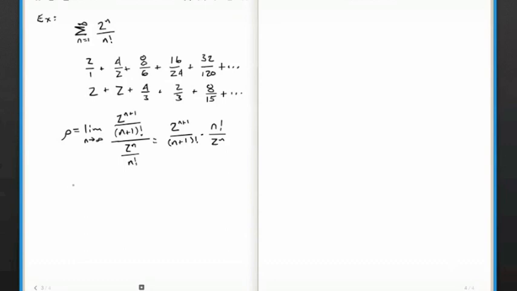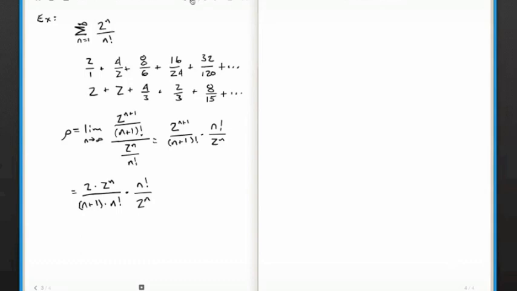There's a lot of plus 1, so we really have to be a little bit clever and just have faith and power through this thing. 2 to the n plus 1 is 2 times 2 to the n. And n plus 1 factorial is n plus 1 times n factorial, all times n factorial over 2 to the n.